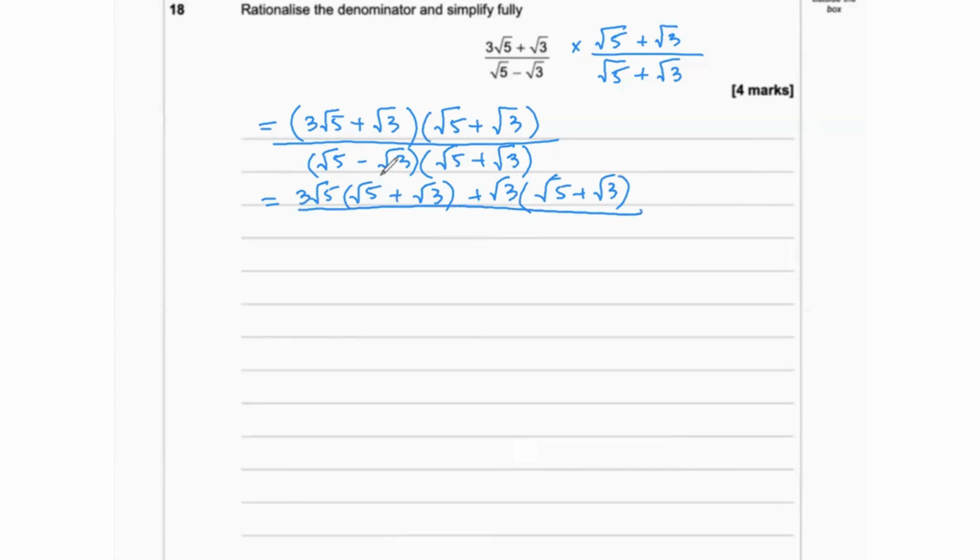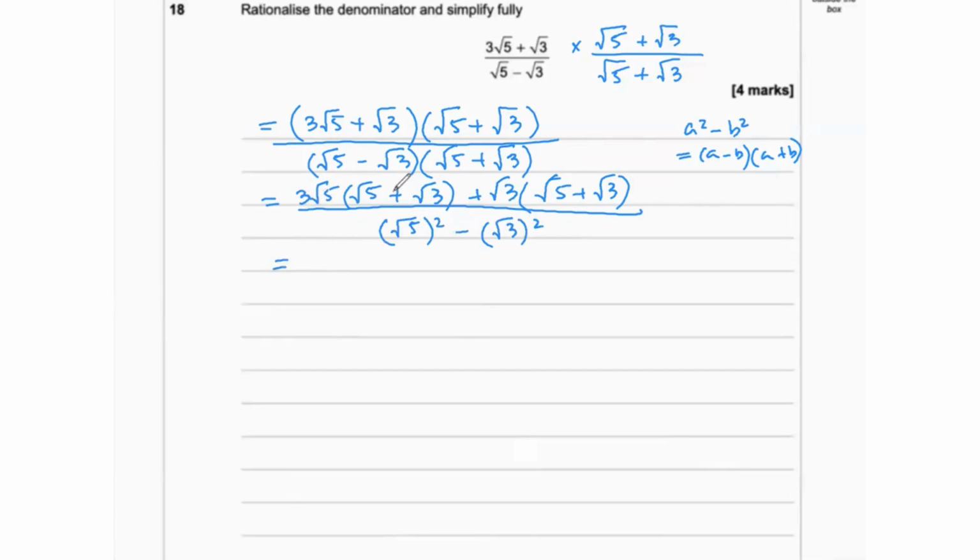In the denominator, we can directly use the difference of perfect squares, which is a squared minus b squared equals a minus b times a plus b. Over here, they've given the form of a plus b times a minus b. So we just rewrite this as the square of root 5 minus the square of root 3.